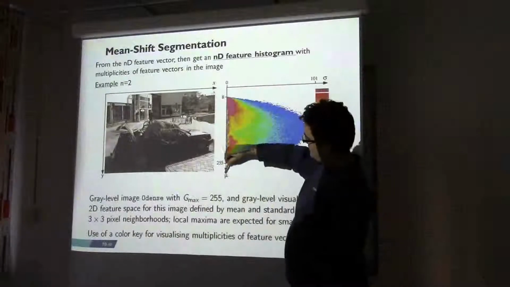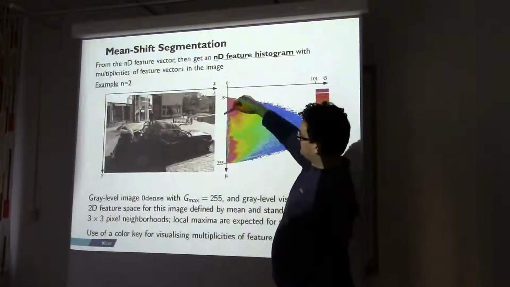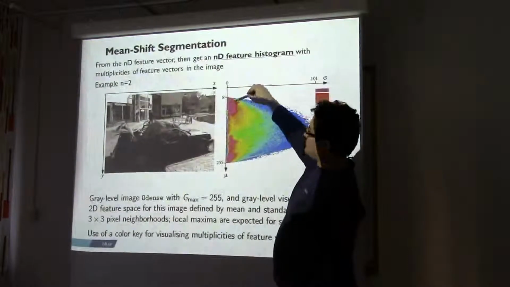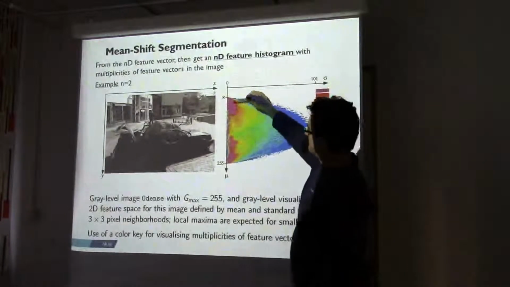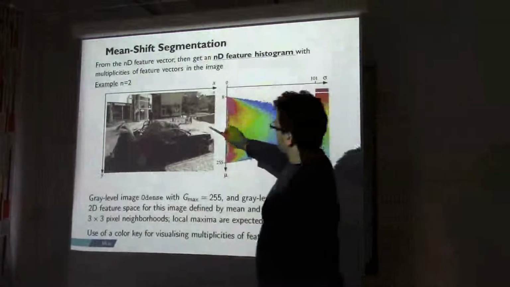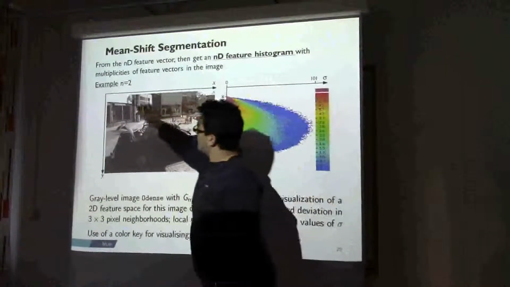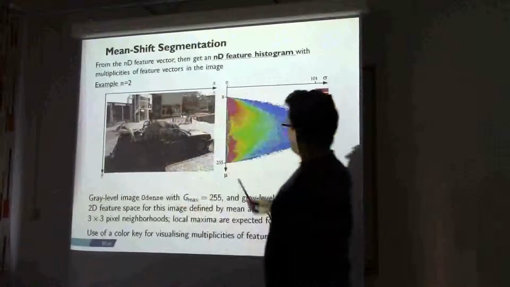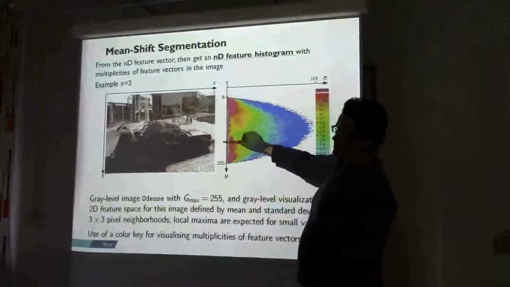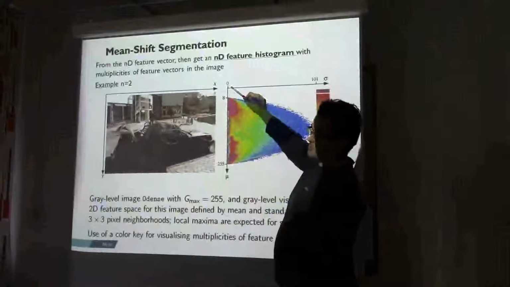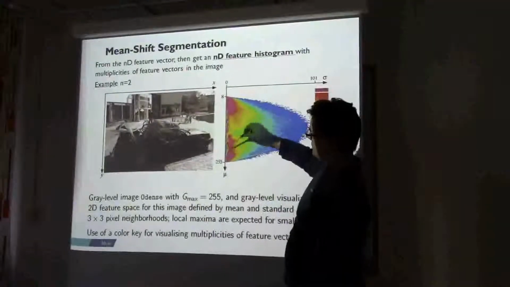Small gray value, small standard deviation. So you get a peak here. These pixels here, very bright pixels, a lot of them in the image. So high average value, but small standard deviation because you are using a 3 times 3 window only.